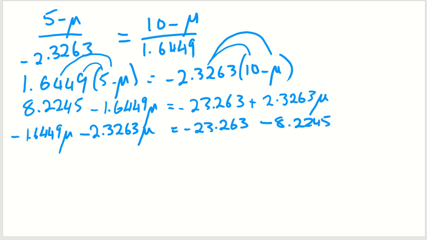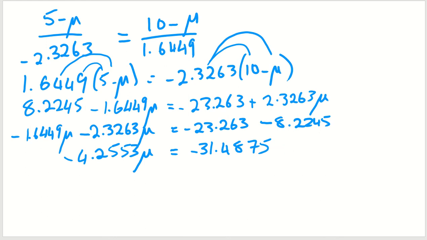Now I can collect the like terms together. So negative 1.6449 times the mean minus 2.3263 times the mean combines together to give me negative 4.2553 times the mean. And combining the right hand side gives me negative 31.4875. Nearly there.